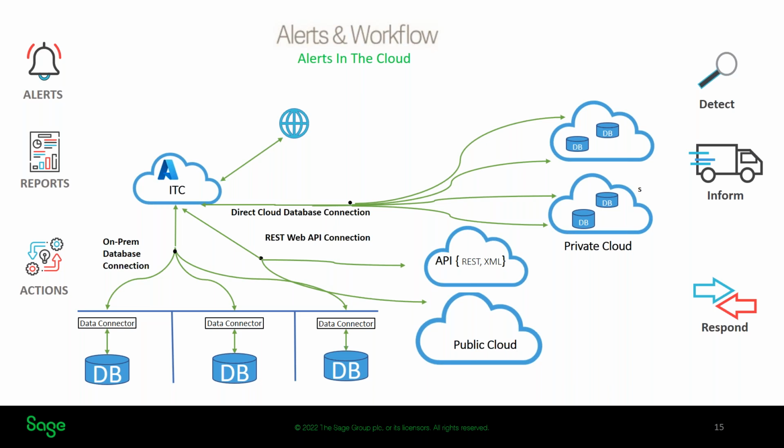So when we first supply the license, it comes with one connection. You then buy a second, third, and fourth. Once you get to the fourth connection of Sage Alerts, we actually issue you an unlimited license. And there's an opportunity to connect to absolutely anything that you so desire.